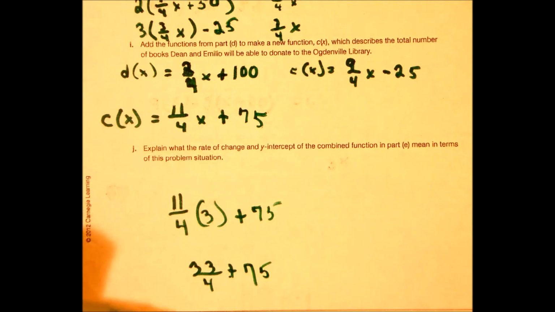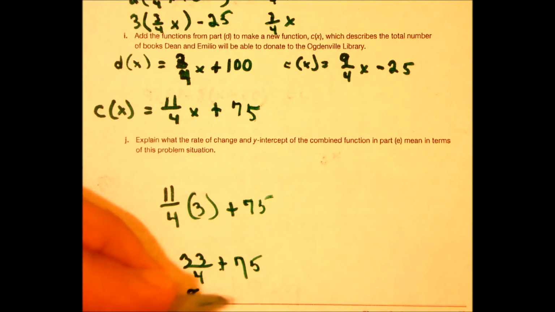Okay, so what is 33 divided by 4? I'll let you do it on your calculator. It's 8.25. So, did they collect 8.25 books? No. What would you have to do with that? They collected 8, right? Because you can't have pieces of book.